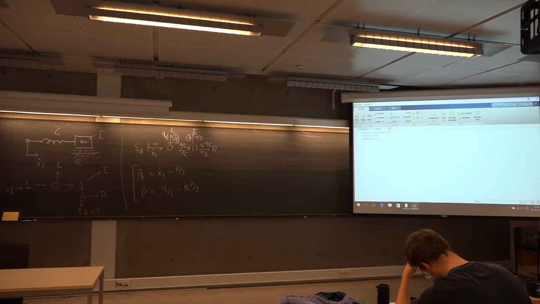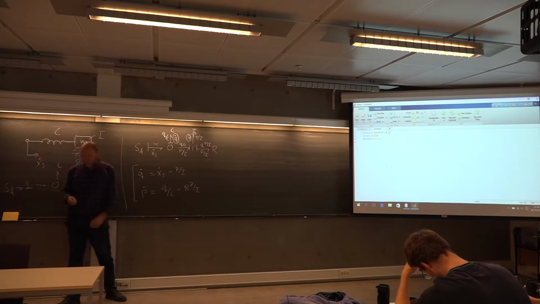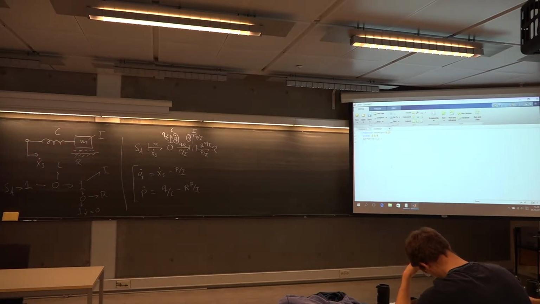So here, 2 equations. Next, the vector y, that is all your unknowns at a certain time. So you should rewrite it using q and p. My first equation is the equation with q, hence q will be given as y number 1. And p must then be y number 2.